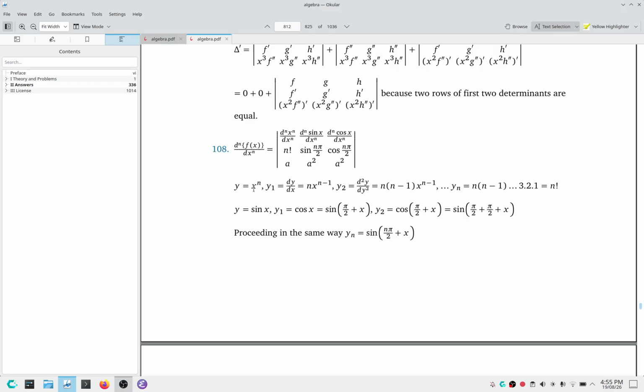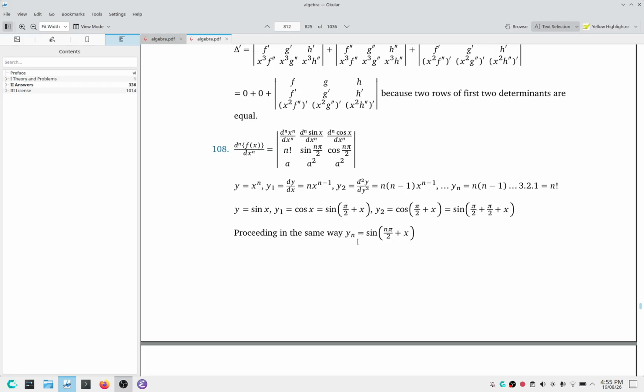Now, if y is equal to x to the power n, y1 is equal to n x to the power n minus 1, y2 is equal to n into n minus 1, and similarly yn will become n factorial. Now, the sin x differential will become cos x, that is sin of pi by 2 plus x. Second differential will be cos of pi by 2 plus x, and then we will have sin of pi by 2 plus pi by 2 plus x.